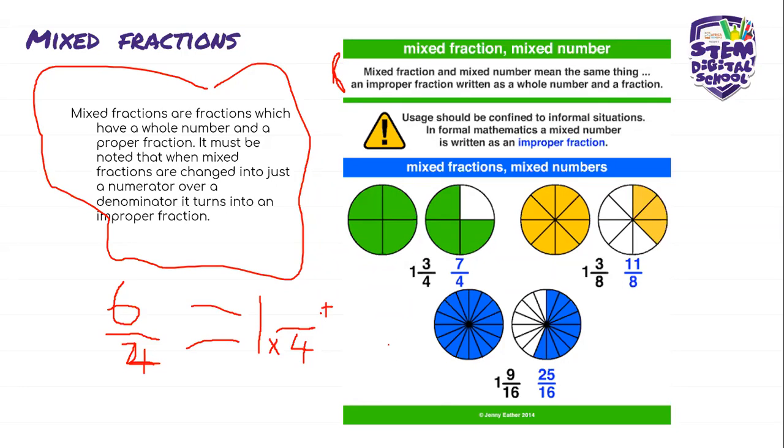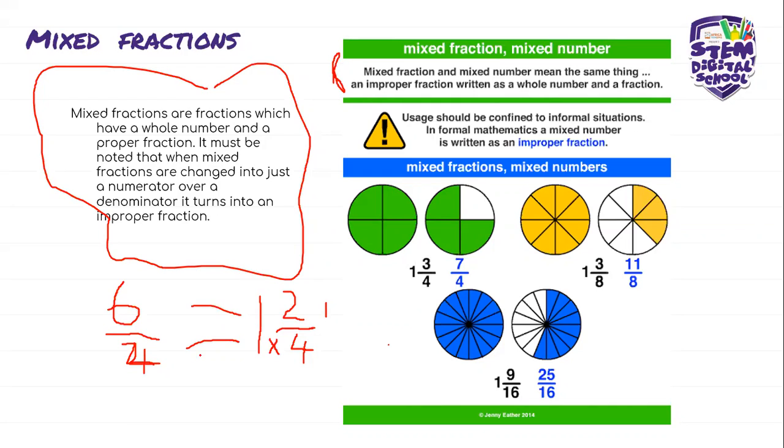And what happens is you say 1 times 4 is 4. How much are we short to get to 6? It's 2. So 1 times 4 is 4, plus 2 is 6 over 4. That's how you convert from improper to mixed.